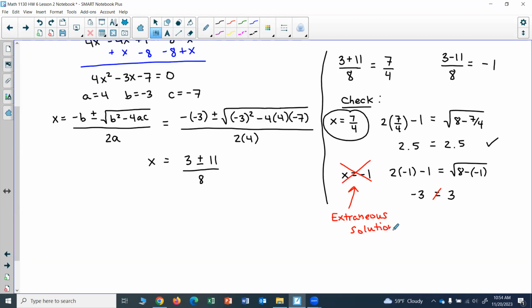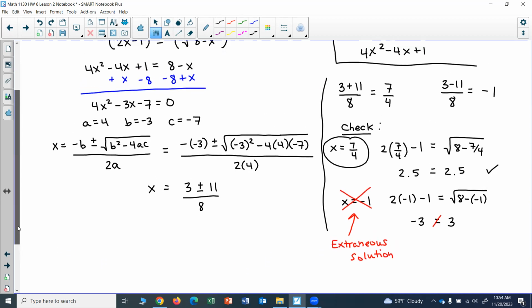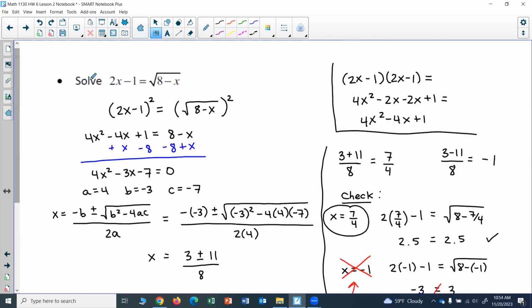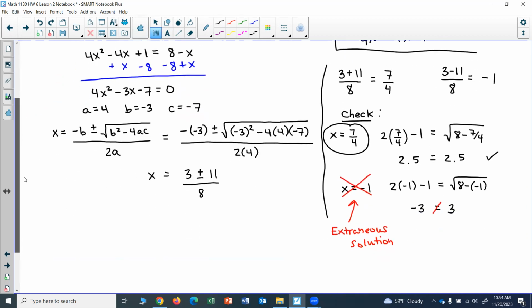This is why it's so important to check your solutions anytime you're solving a radical equation. So once you get your 2 solutions, plug them back into this original, and the ones that work are your final solution. The ones that do not work, you would just discard.